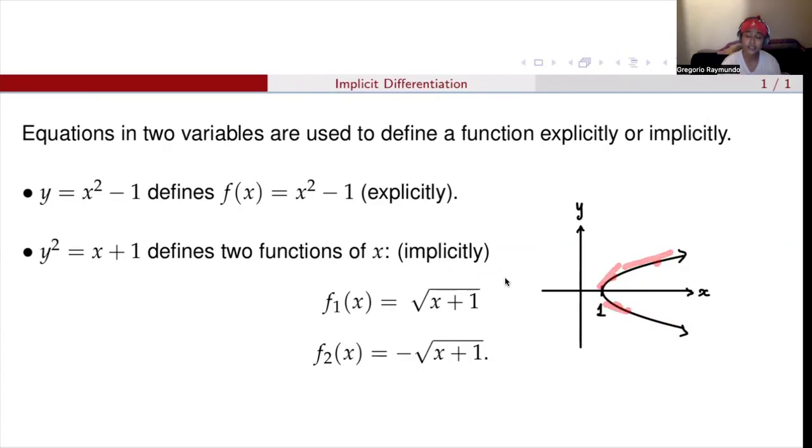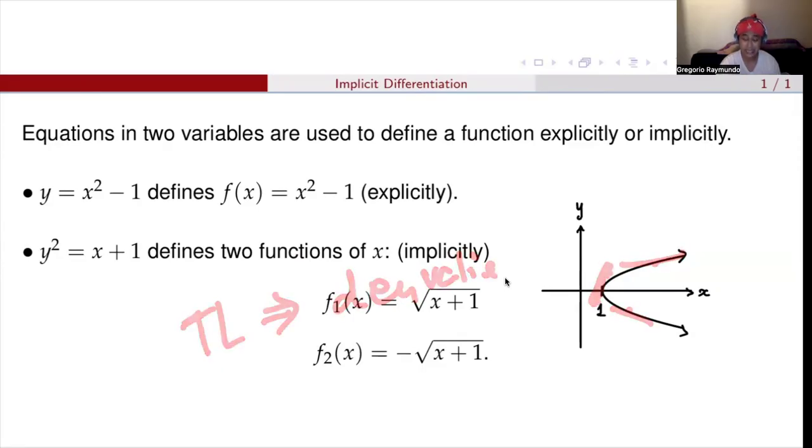Doon naman ang galing, yun yung isa sa mga motivation ng derivative: paghahanap ng slope ng tangent line. Okay, fine, hindi siya function. Pero, nevertheless, meron pa rin siyang concept ng tangent line. So if may tangent line ka, you can use the concept of the derivative to look for the slope of the tangent line.